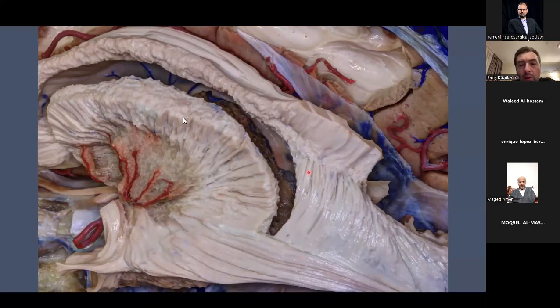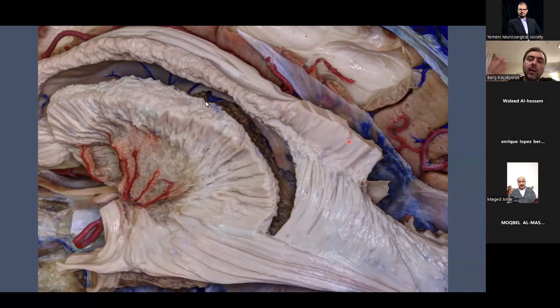I would like you to see these fibers here. I showed you already the tapetum fibers, which are coursing through the splenium of the corpus callosum. This is the corpus callosum, covering the roof of the lateral ventricle: the body of the corpus callosum, the isthmus of the corpus callosum, and then there is the splenium of the corpus callosum.